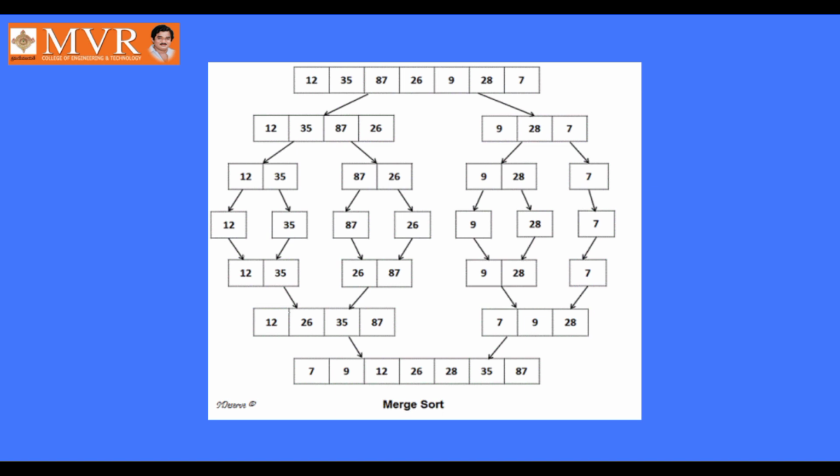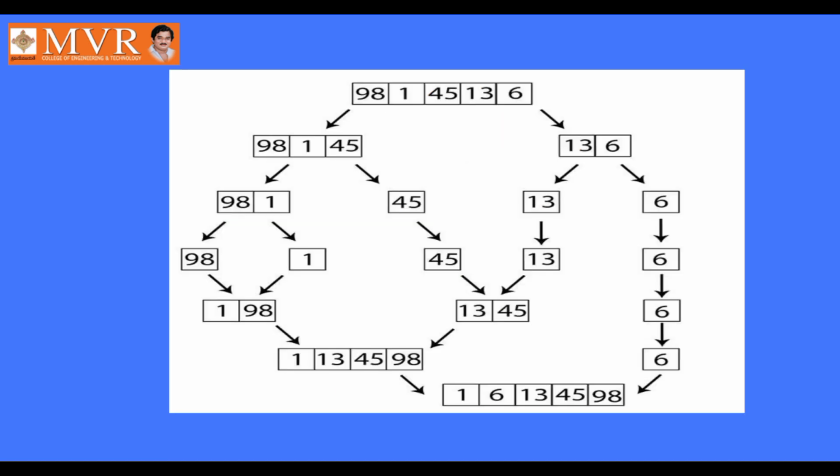I have solved this example for you. Refer to this example, and also take these numbers and solve it yourself. Okay. See, this is another example. I have demonstrated different cases in these examples. If you have observed, in some arrays the lists are divided into equal parts.